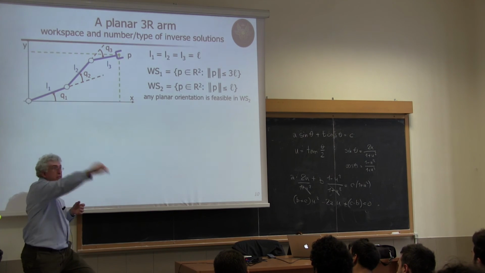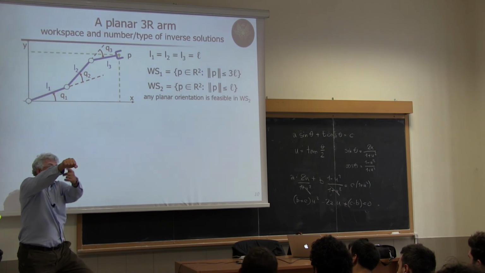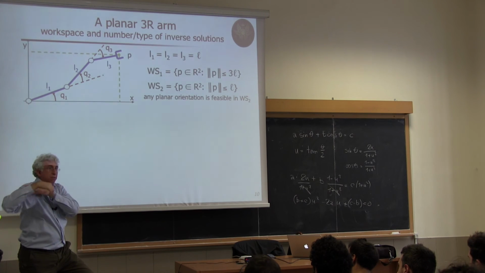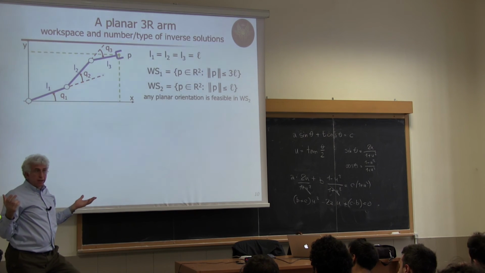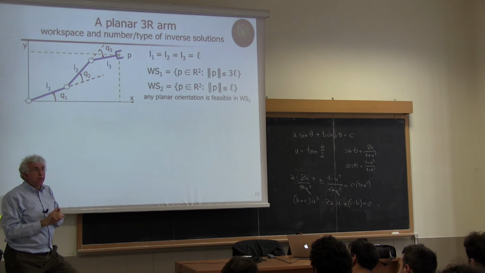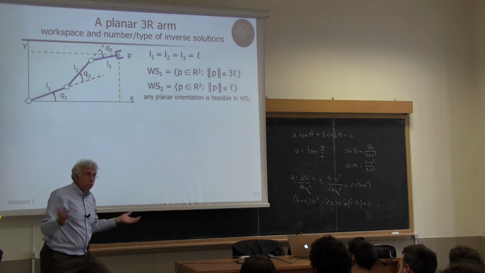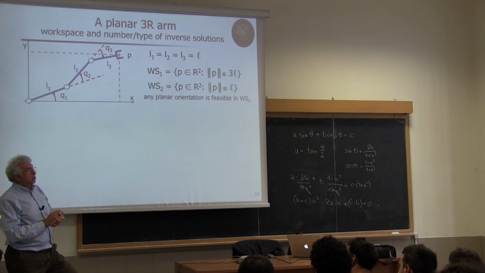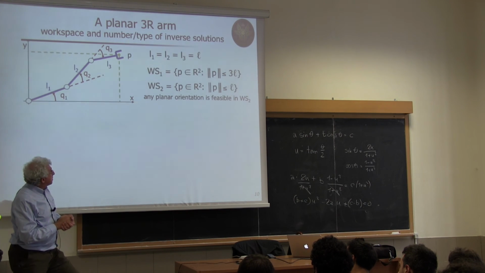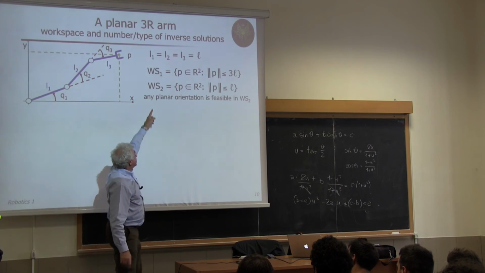I'm stretching things, and this is 3L, and any other position can be realized possibly in many ways, but the associated end effector position belongs to the primary workspace. But look at this, this is very nice.